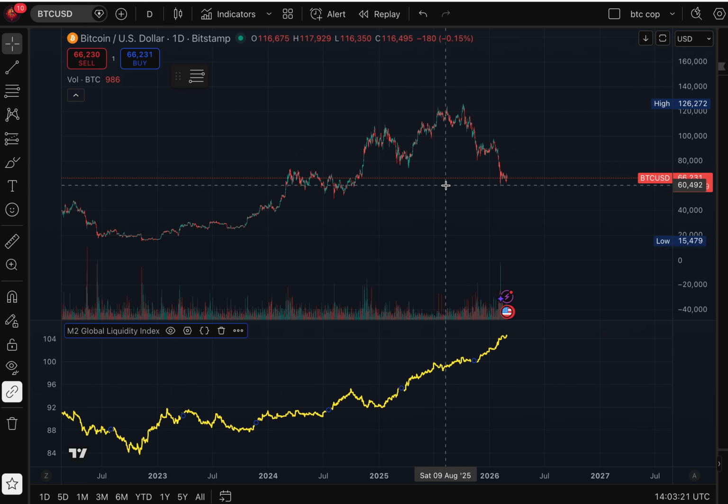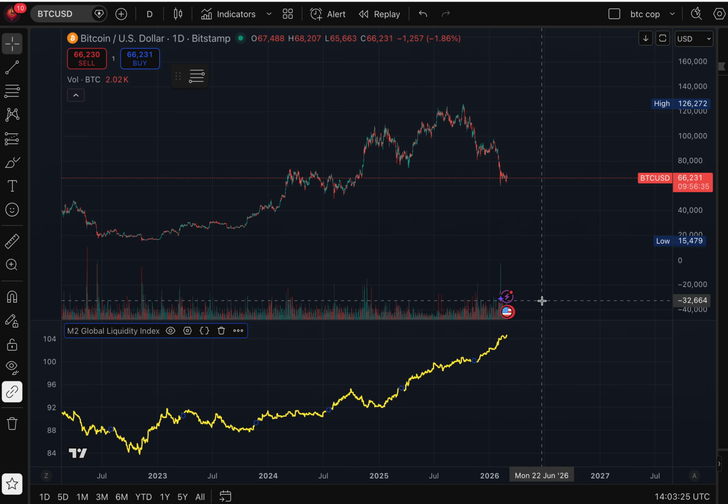But currently right now, people are saying it's dead. It's not that it's dead, it's that crypto cycles have a lot more volatile bottoms when they sell off. So this is currently a sell-off and a bottom.